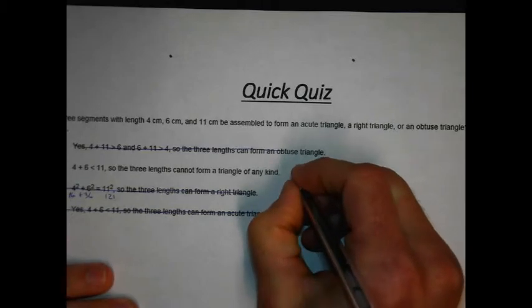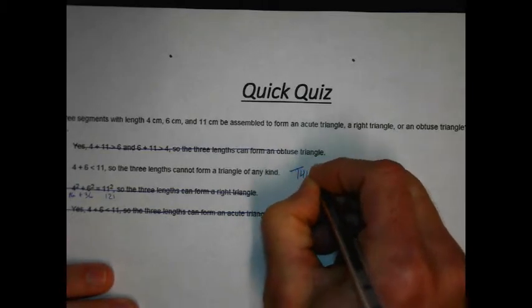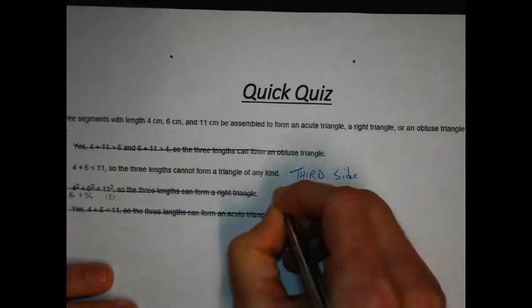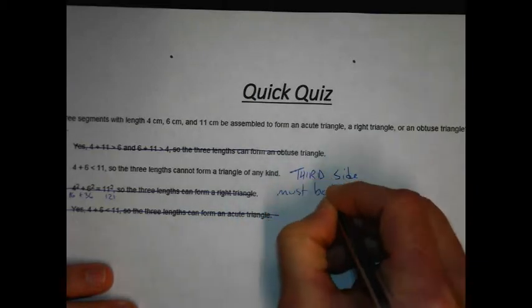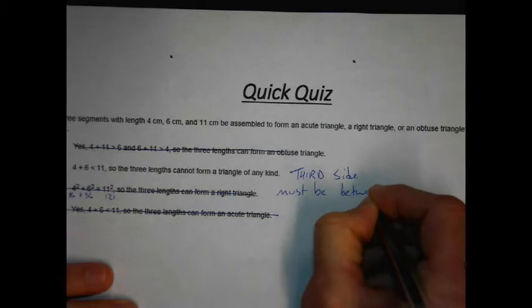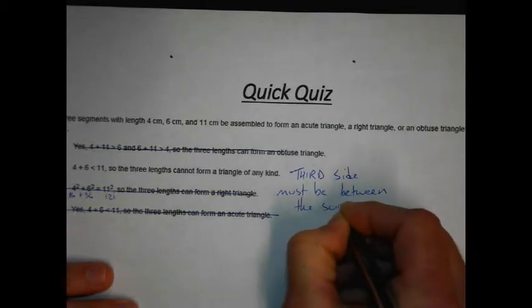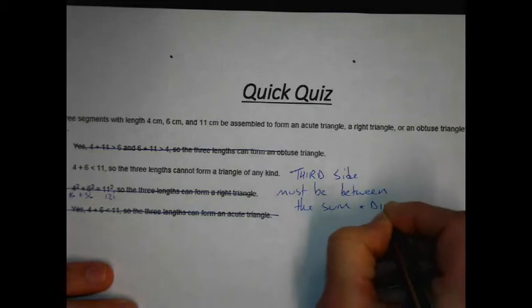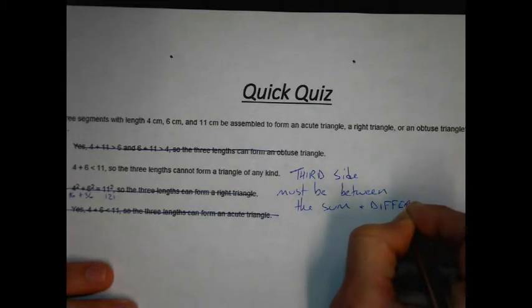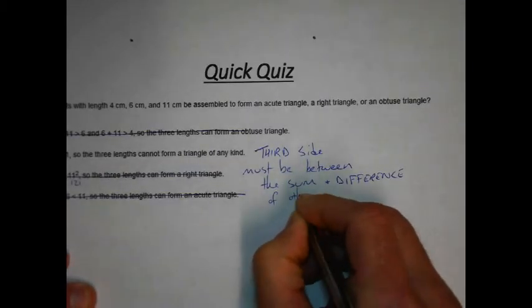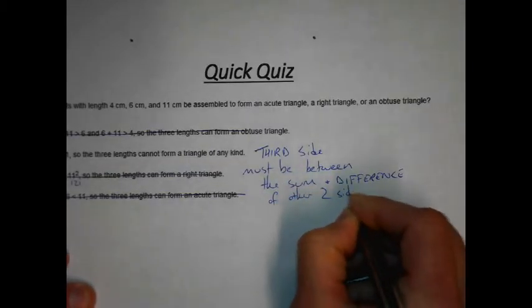The third side must be between the sum and the difference of the other two sides. Okay? So that's old stuff. That's an important thing to remember.